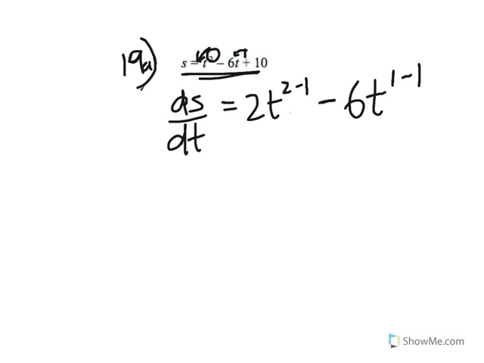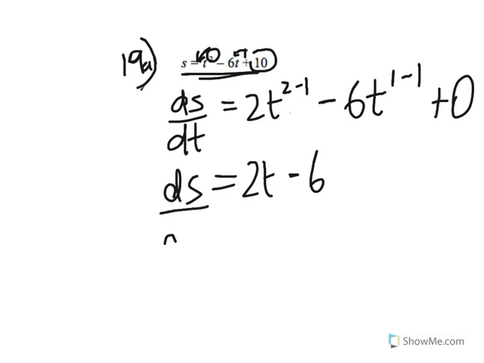Now 10, when you're differentiating a constant, it becomes 0, so plus 0. And this simplifies to 2t to the power of 1, so basically 2t, minus 6t to the power of 0. T to the power of 0 is nothing but 1, so minus 6 plus 0, and so that becomes 2t minus 6. So ds over dt is equal to 2t minus 6.